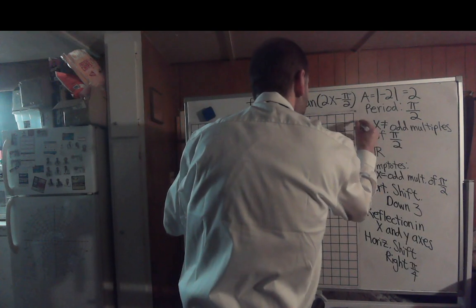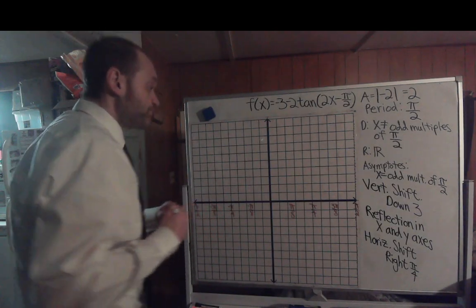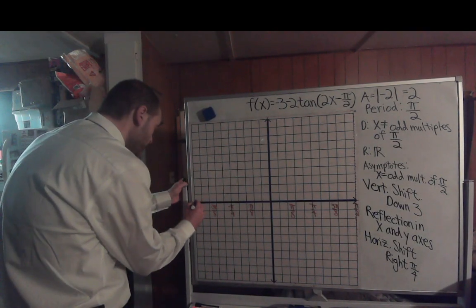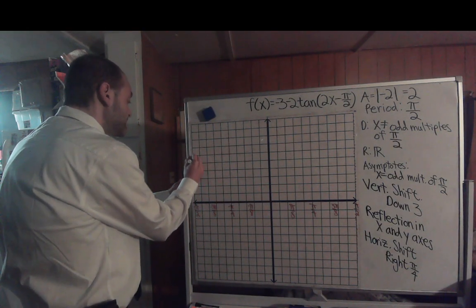So let's go ahead and label this, only we have a smaller period to compete with, so this is going to get very interesting. So definitely negative pi over 2 is going to be an asymptote, but there's another asymptote you probably didn't expect.